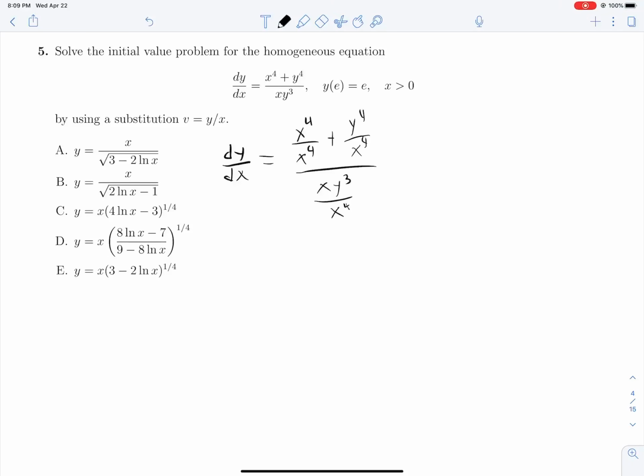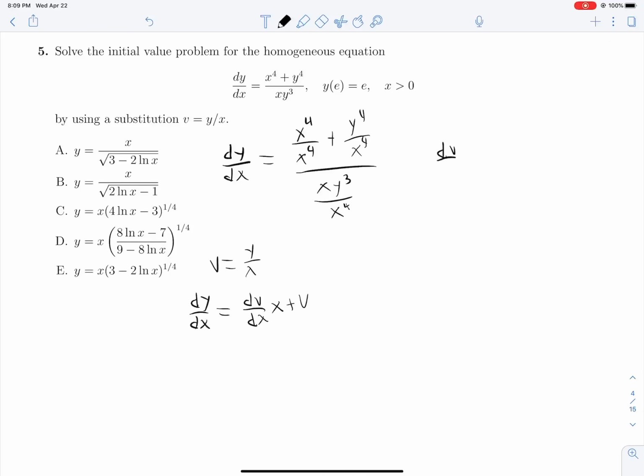We're applying a substitution here where v is equal to y over x, and therefore dy dx, by the product rule, if you want to go work all that out, is dv dx times x plus v. So we'll do all that replacement.